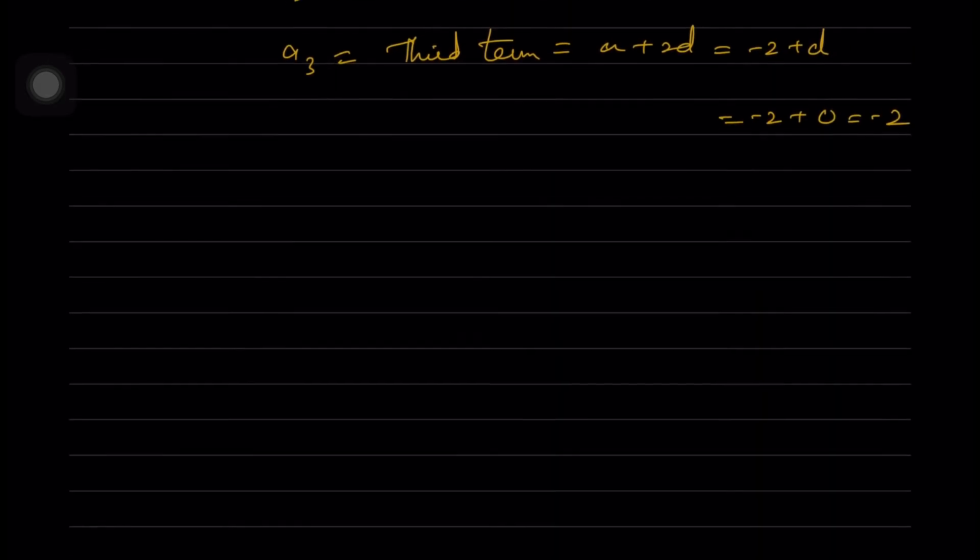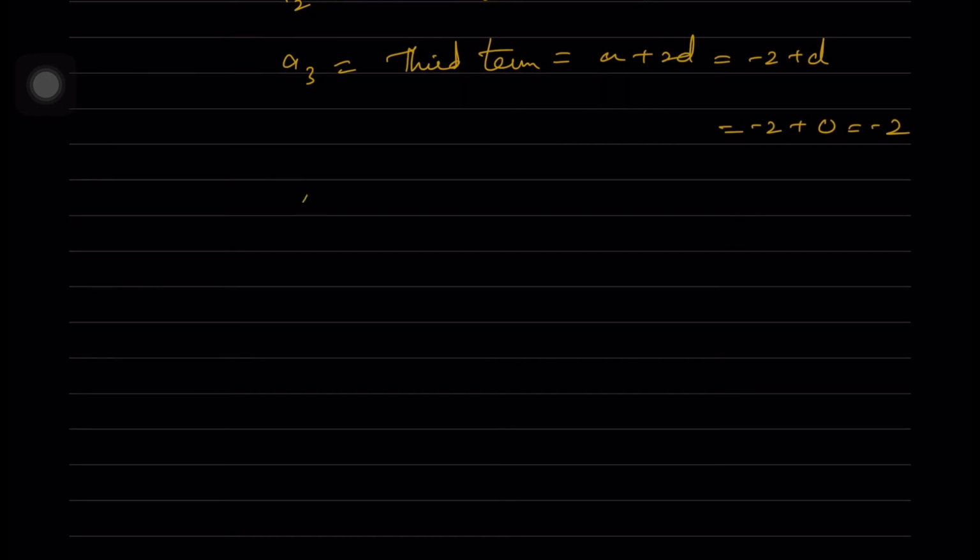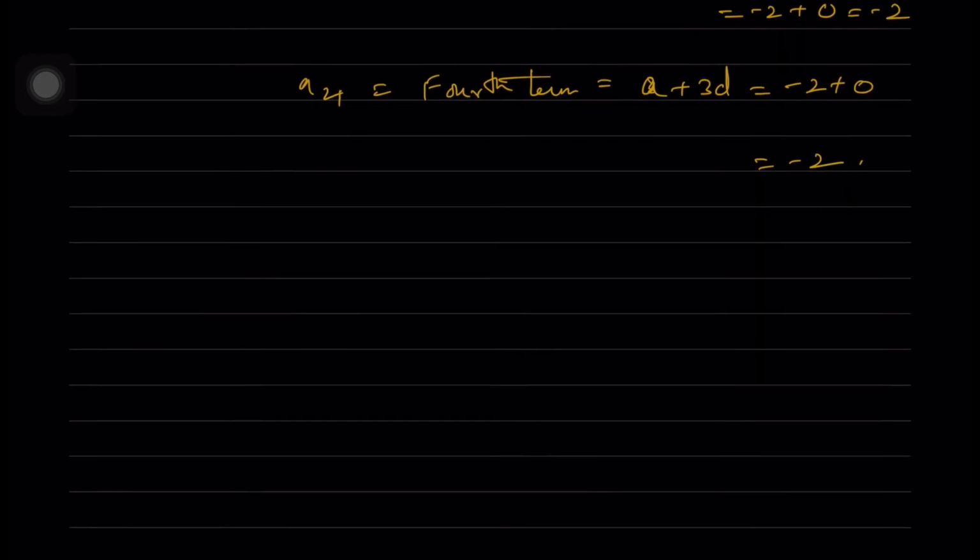Then a4 is the fourth term, which is equal to a plus 3d, equal to minus 2 plus 0. So minus 2 is the answer.